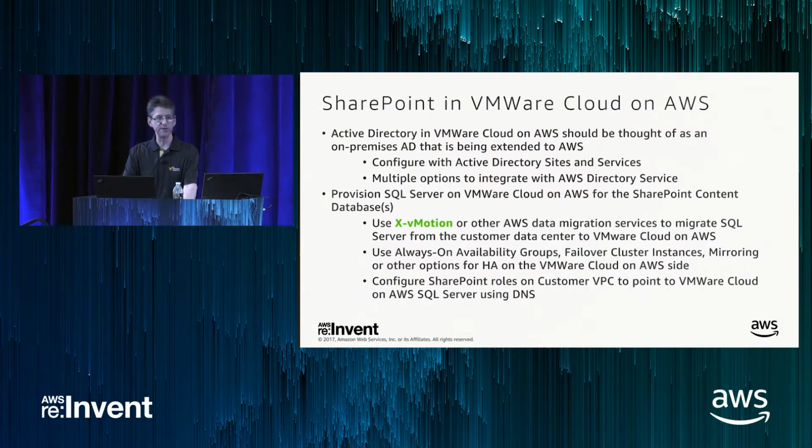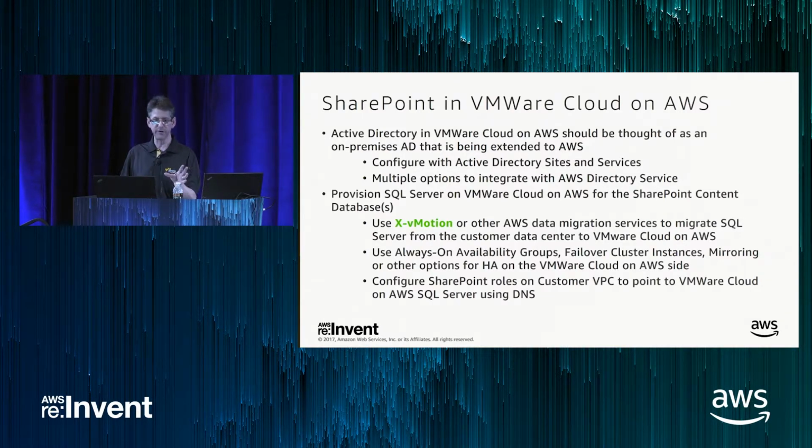There are other sessions that talk about how you might want to migrate SQL Server to AWS. There's a whole range of options. There's a Database Migration Service. There's an AWS Snowball service. There's just simply backup and restore. There's Direct Connect to just replicate databases directly.